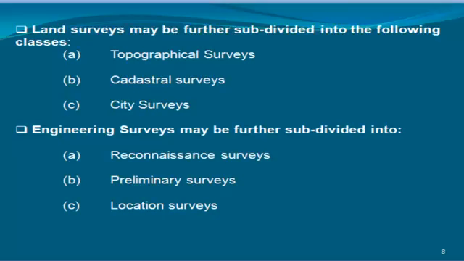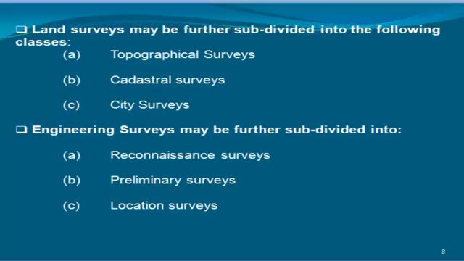These are conducted for determining the natural features of a country such as hills, valleys, rivers, nalas, lakes, woods, towns, villages, etc. Cadastral surveys, in which additional details such as boundaries of fields, houses and other properties, and pathways are determined. City surveys are conducted for laying out plots and constructing streets, water supply schemes and sewers.